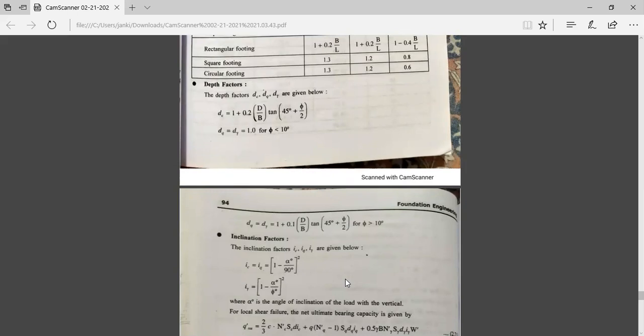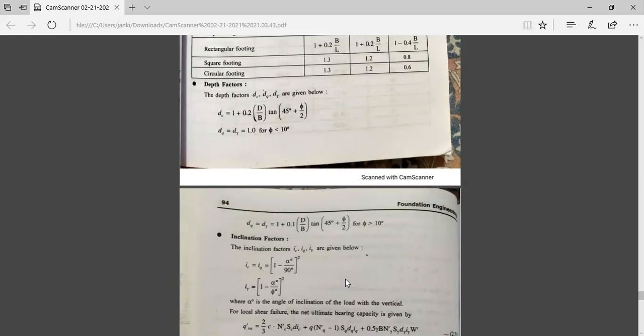The dc equation is 1 + 0.2 d/b tan(45 + φ/2). Here dq is equal to dγ is equal to 1 when φ is less than 10 degrees, and dq is equal to dγ is equal to 1 + 0.1 d/b tan(45 + φ/2) for φ greater than 10 degrees.